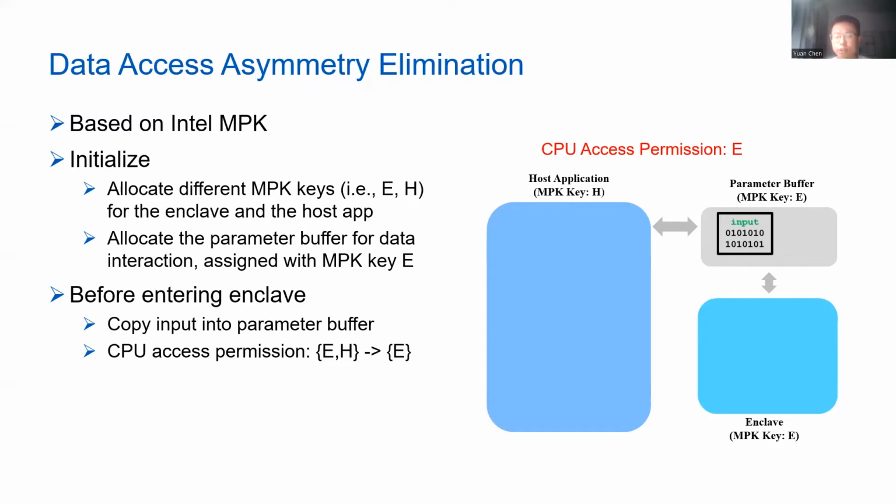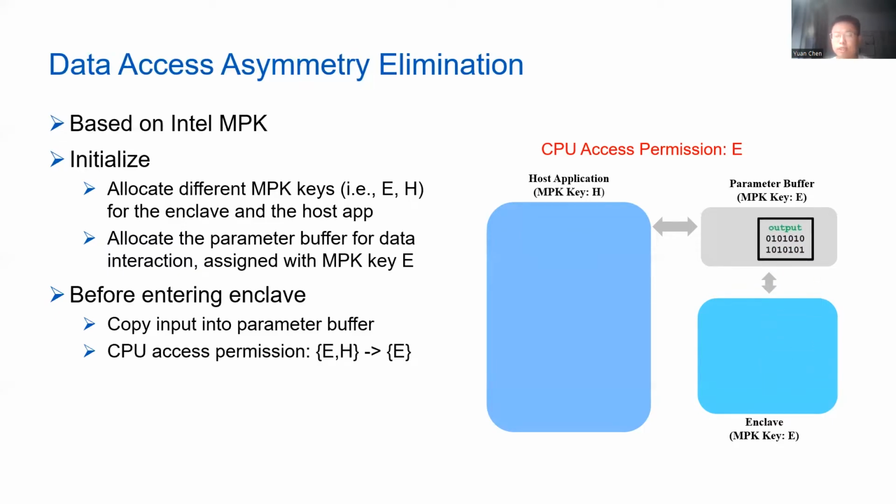With such an operation, the execution inside the enclave will not be allowed to access the host application's private memory region. And then after getting into the enclave, it would load the input, consume it, generate the output, and transfer the output to the parameter buffer.